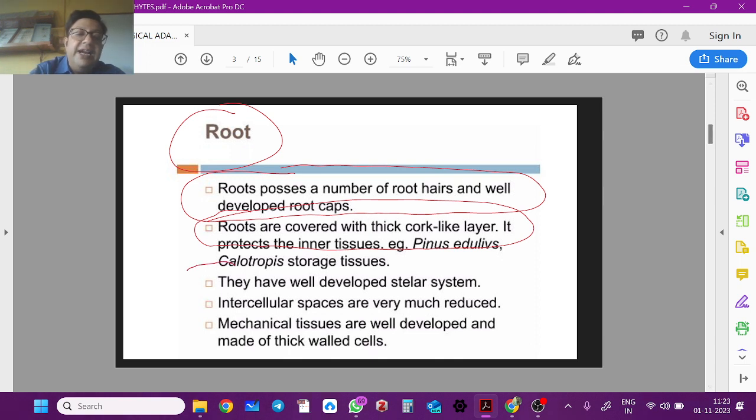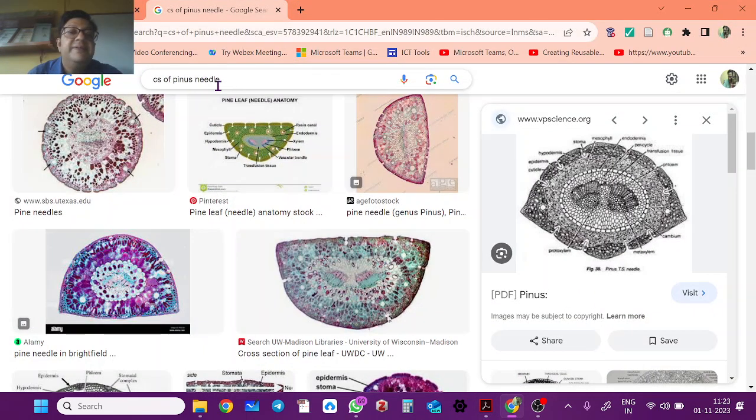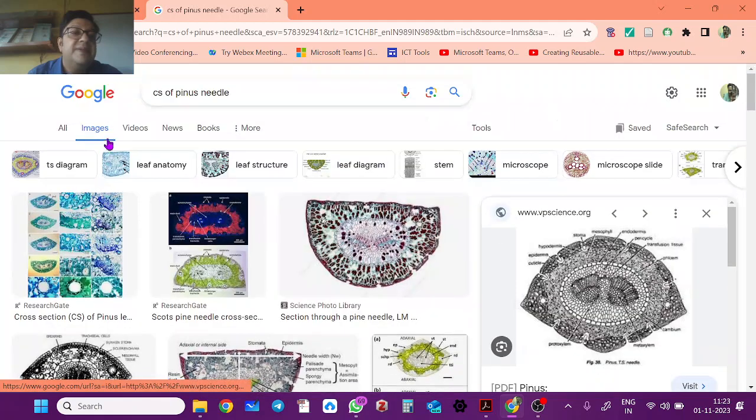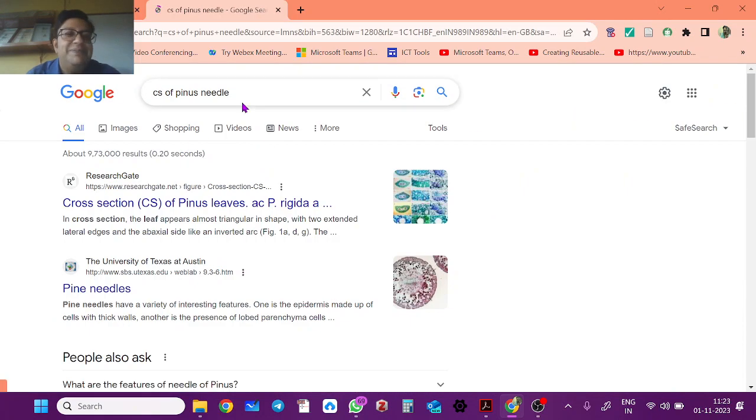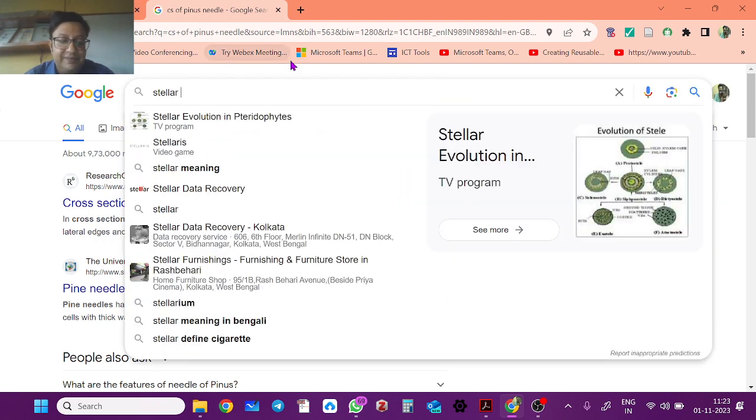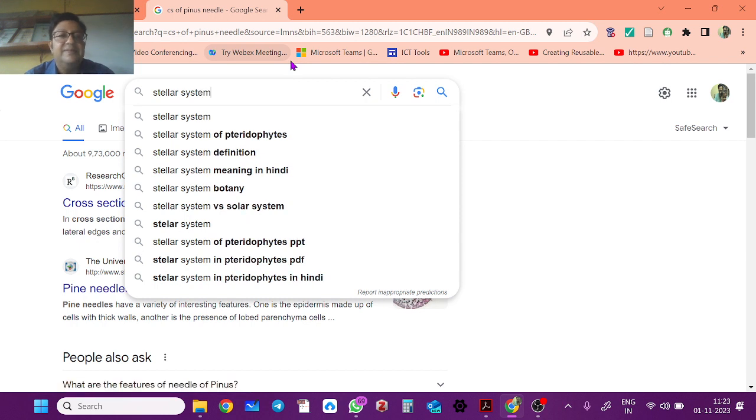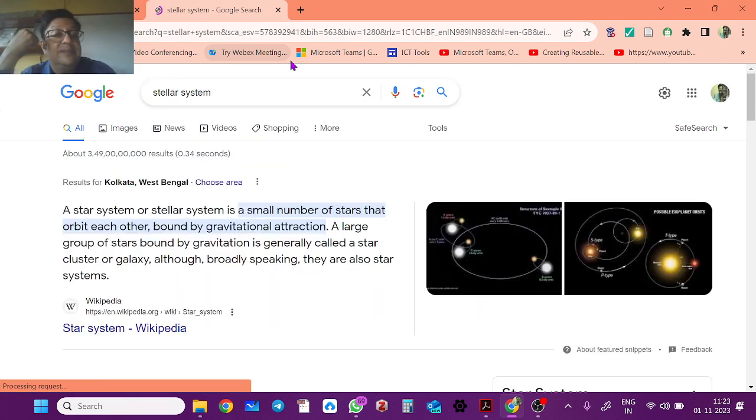They have a well-developed stellar system. Now, what is a stellar system? Can anybody tell me? Tell me, stellar system. I'll send you a picture. Can you tell what is a stellar system?